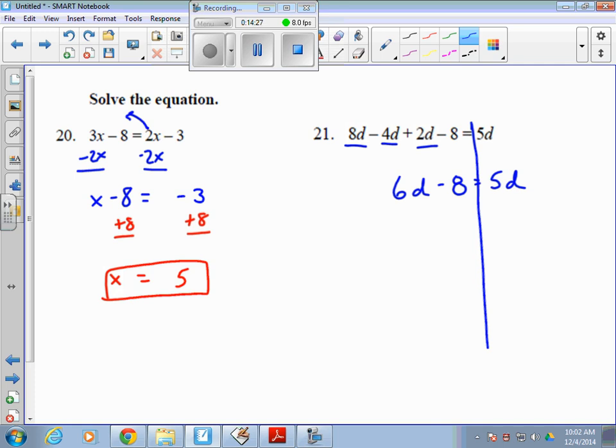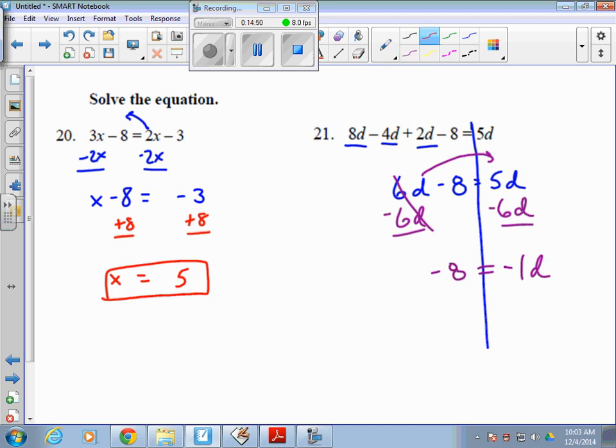For this one, even though 6d is larger than 5d, it's in our best interest to bring 6d over to where negative 8 will stay by itself on the left. Subtract 6d. If you do it there, do it here. 5d minus 6d is negative 1d equals, we still have negative 8 on the left.